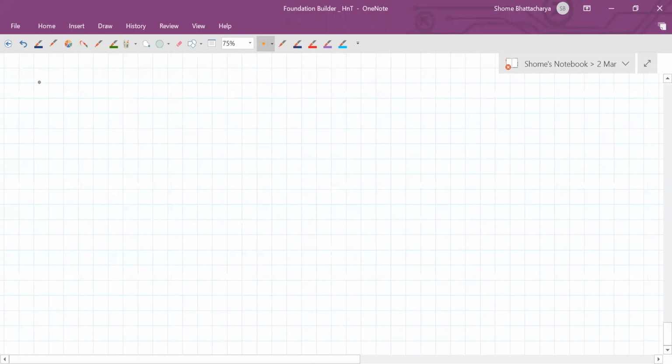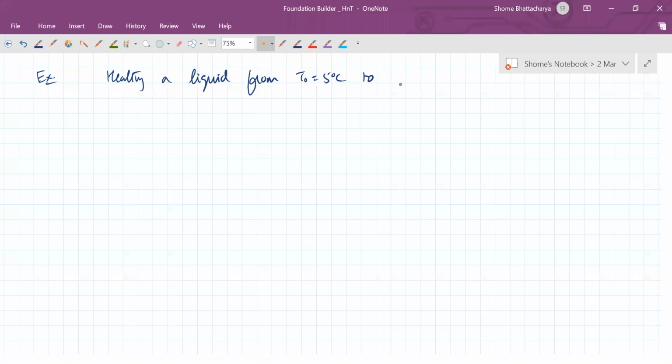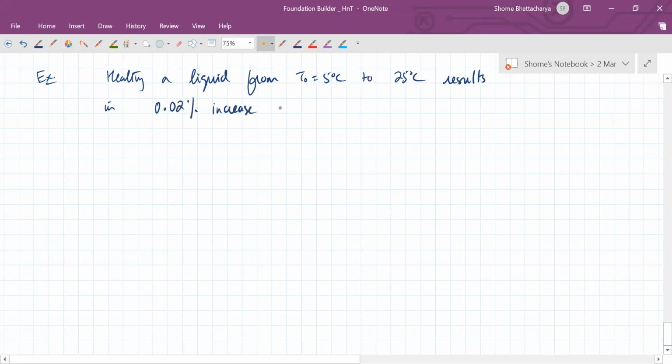Okay, so for example, heating a liquid from a temperature of 5 degrees C to 25 degrees C results in a 0.02% increase in its volume.